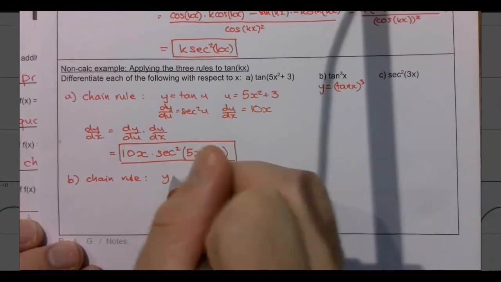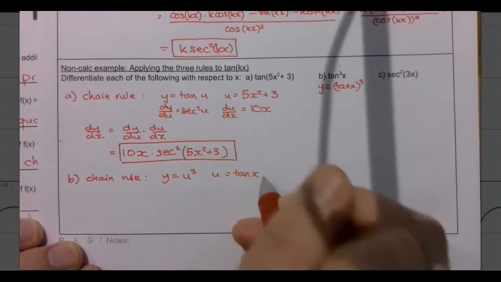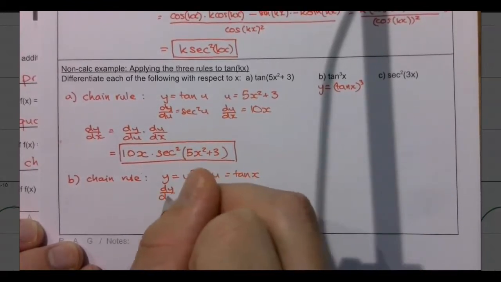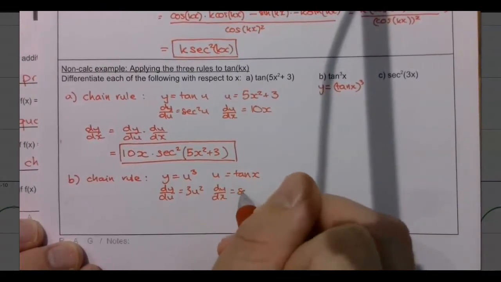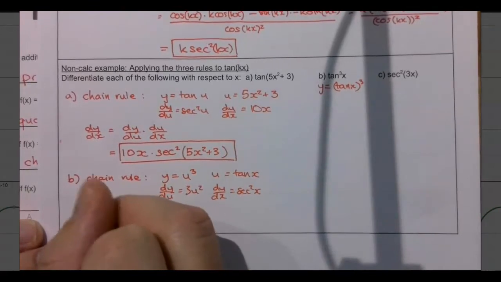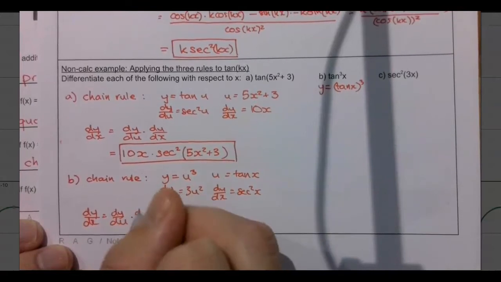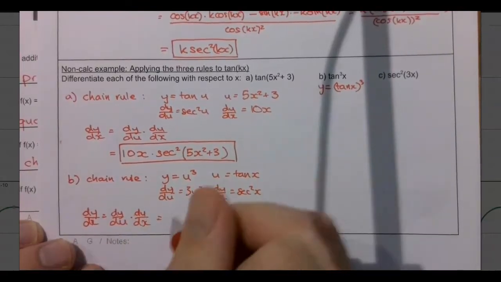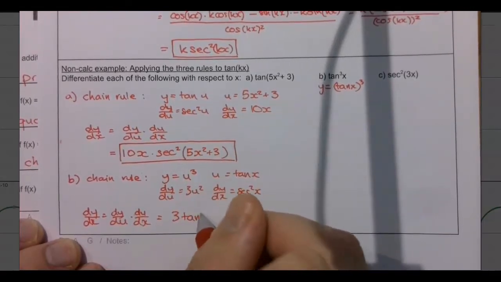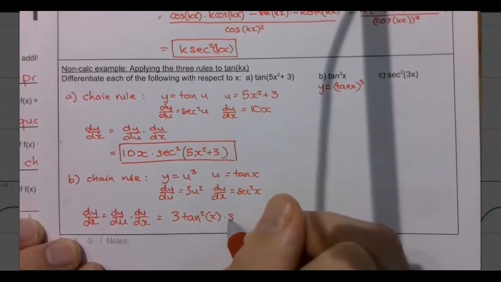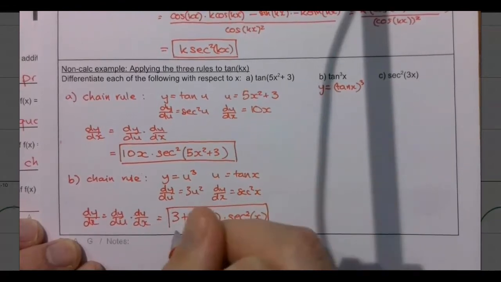So the outside function here is y equals u cubed, where u equals tan x, and then I can do my block of 4. dy by du is 3u squared, du by dx is sec squared x. So stating the rule, dy by dx is dy by du times by du by dx, and substituting in, 3u squared would be 3 tan squared x times sec squared of x, and that's our solution.